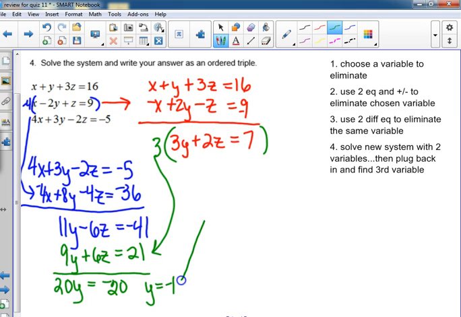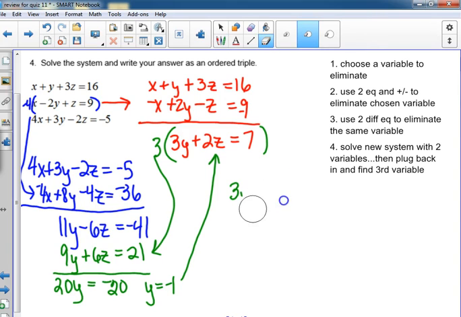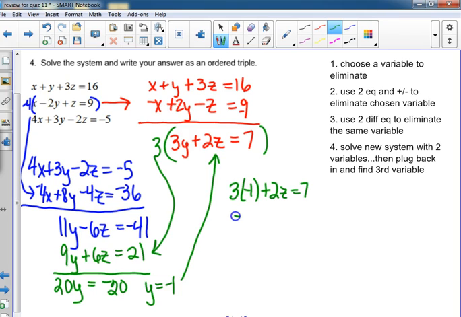Okay, and then just because I have room, I'm going to put it in up here. No, I'm not. Not correctly. I got 5. Anybody? Okay.